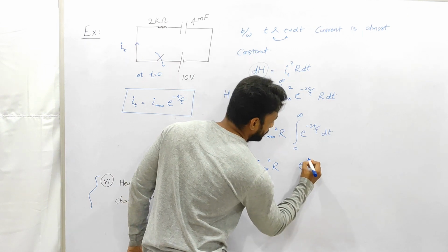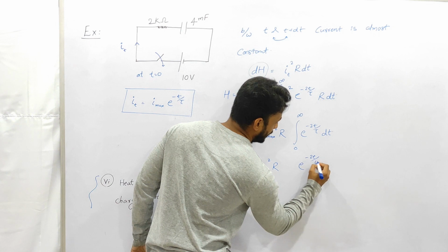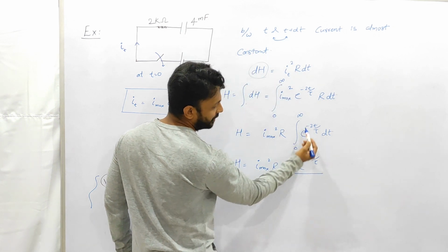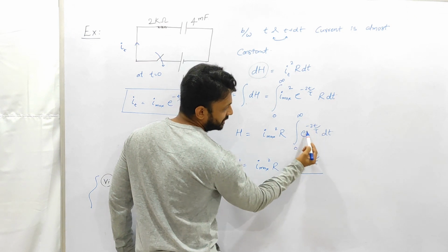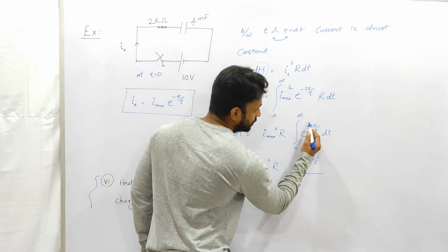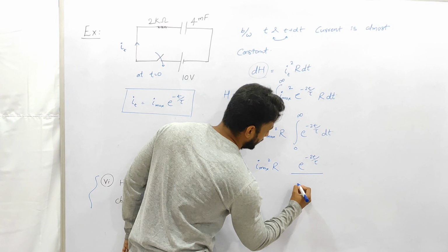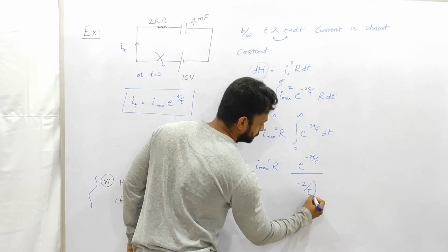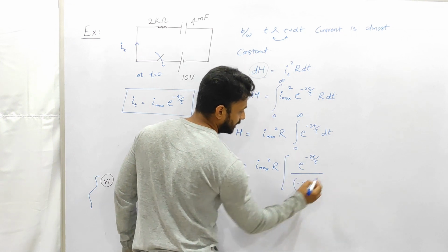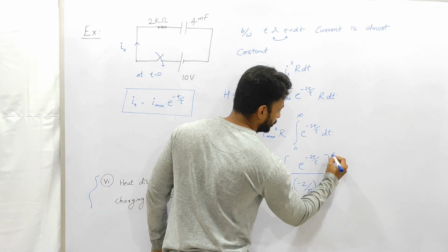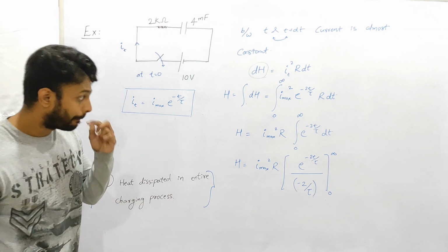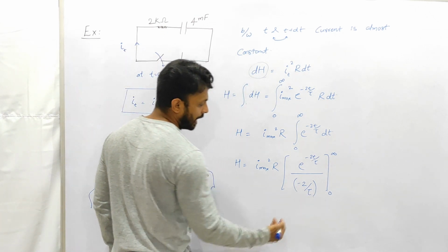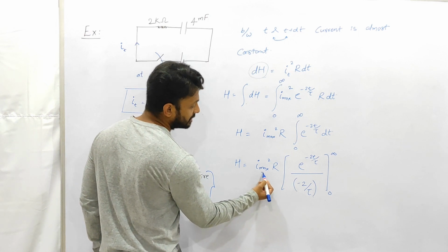Here, e power minus 2t by tau divided by the differentiation of the internal function, since it's a function inside a function, and the differentiation of this comes out to be minus 2 by tau. This is what you get, and the limits are from 0 to infinite. There we go. And by the way, we know that this tau is nothing but R into C, and here I max is nothing but E by R.